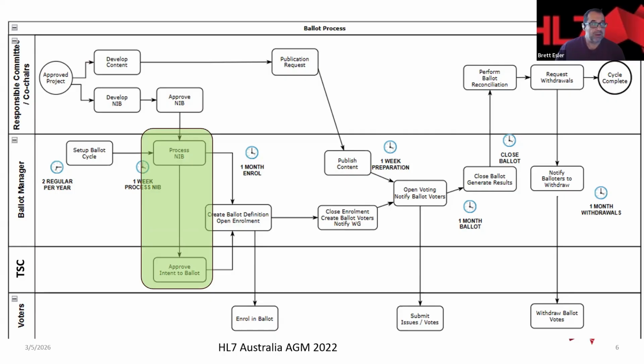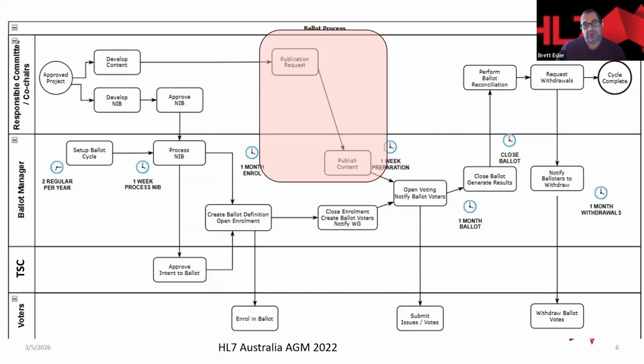The technical steering committee will assess criteria to say the material is fit to go to ballot, and if approved, we'll then move on to being allowed to release that version to publish it and release it for the ballot period. So there's actually a formal ballot version of the specification produced, and that content's published, ready for voting.